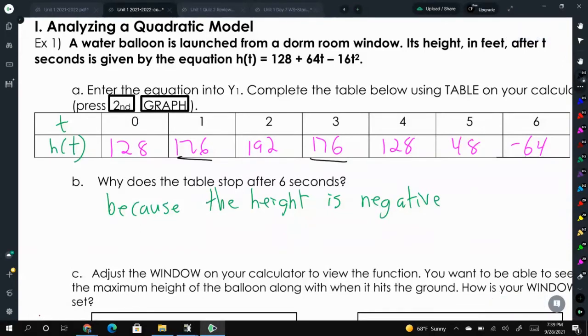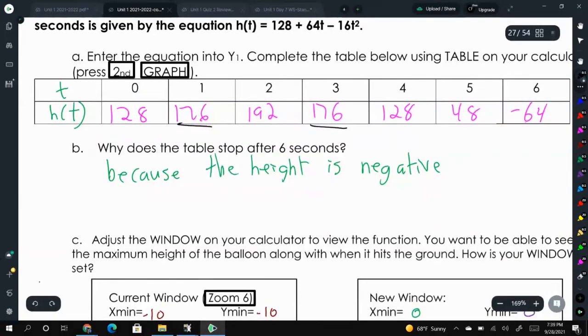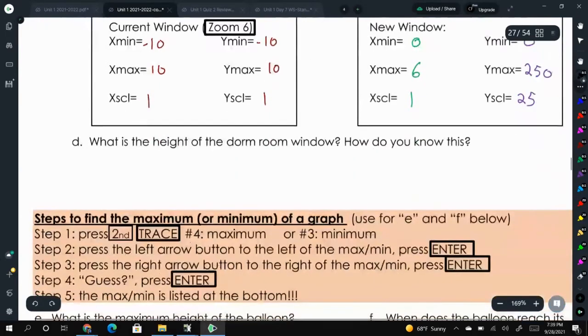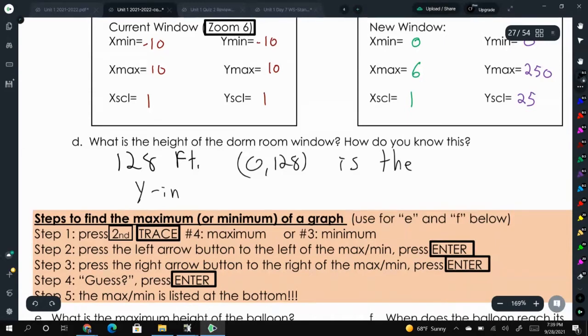And if our height's already 128 feet, that means that must be where it started, or the height of the dorm window. So 128 feet. And how do we know this? (0, 128) is the y-intercept.